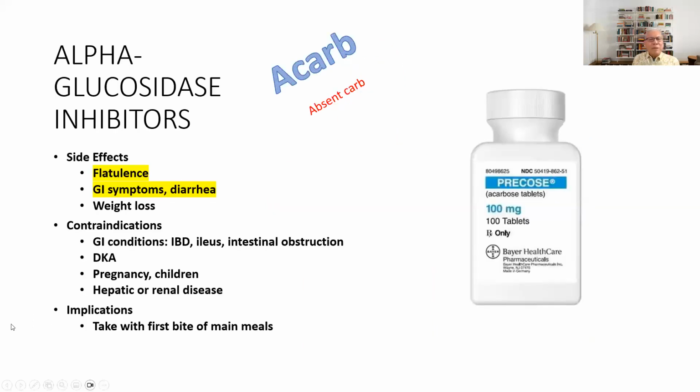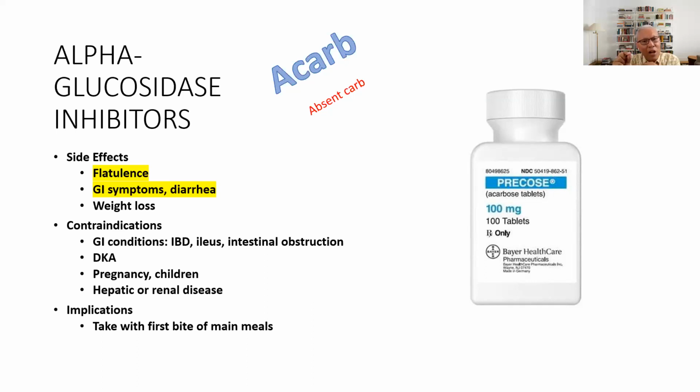Because it interferes with the absorption of carbohydrates and the conversion to glucose, the side effects are going to be more GI. So you have flatulence, for example, GI symptoms, and diarrhea. There's one good thing about this too: because it slows down the absorption of carbohydrates, it's going to cause weight loss.